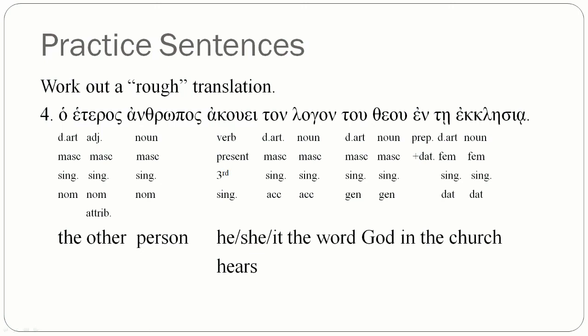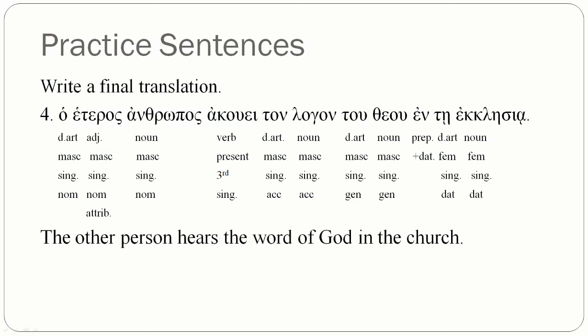All right, those are the definitions of kind of all of the words. When we go to make this a final translation, make the other person, that is the nominative, the subject of the verb. The other person hears. Then what do they hear? Direct object, accusative. Here, the other person hears the word. Okay, which word is it? It's the word of God, genitive.